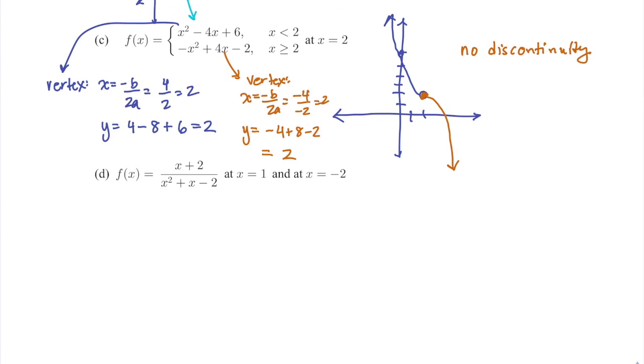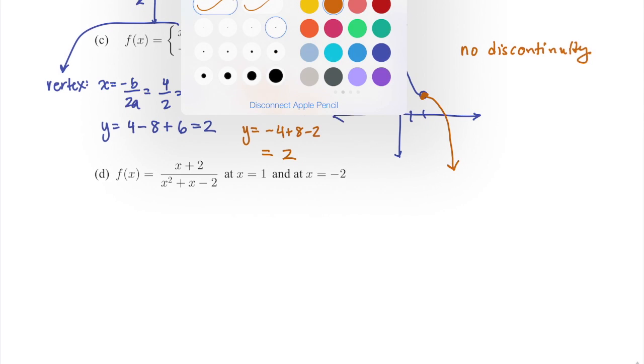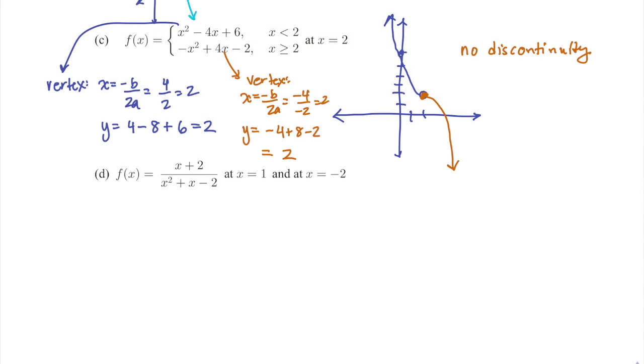And then example D is going to look very similar actually to example A that we did. So I have f of x equals, and I'm going to factor this since it's a rational function. That will make it easier to think about, easier to analyze. And so this will factor as x plus 2 times x minus 1. Right, so just seeing this again, I have these two repeated factors.